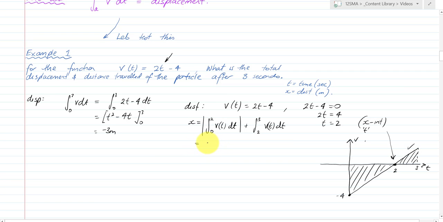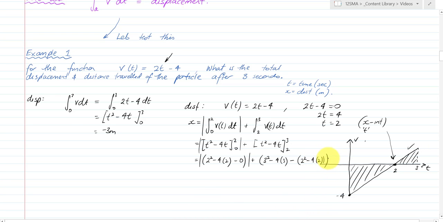And so, I've already done the integration, it's the absolute value of t squared minus 4t between 2 and 0, plus t squared minus 4t between 3 and 2. And that's going to be equal to the absolute value of 2 squared minus 4 times 2, minus 0, plus 3 squared minus 4 times 3, minus 2 squared minus 4 times 2.